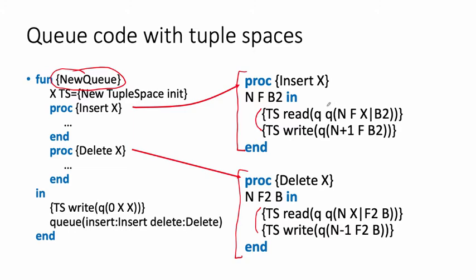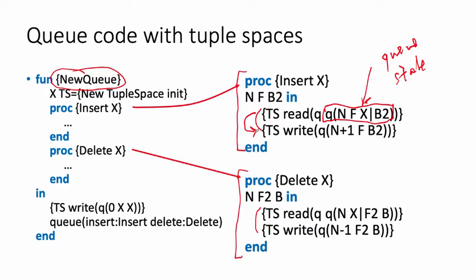So the tuple space has one tuple which represents the state of the queue. Queue state. So the read will take the tuple state out of the tuple space, and then the write will put the new tuple state in there. And because it's a token, when the insert takes the tuple out, if you try to do another insert, the second one will wait.